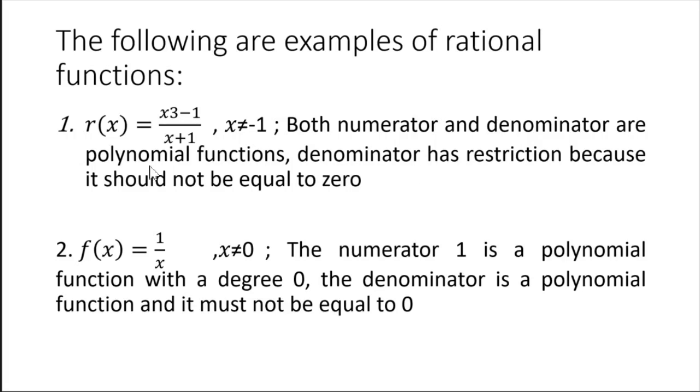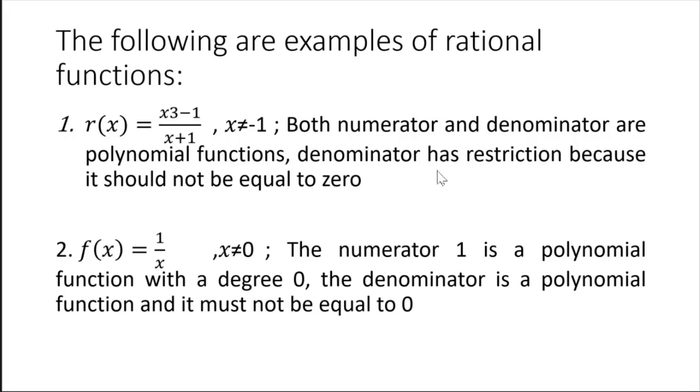For example, r of x is equal to x cubed minus 1 over x plus 1, such that x is not equal to negative 1. Both numerator and denominator are polynomial functions.